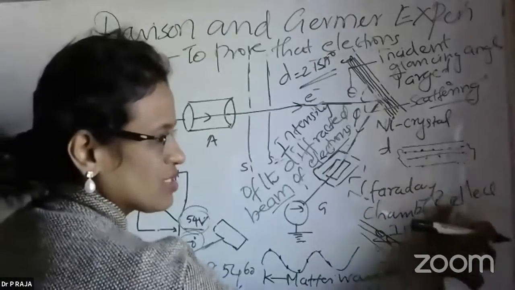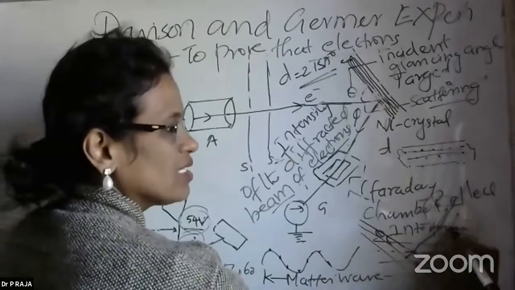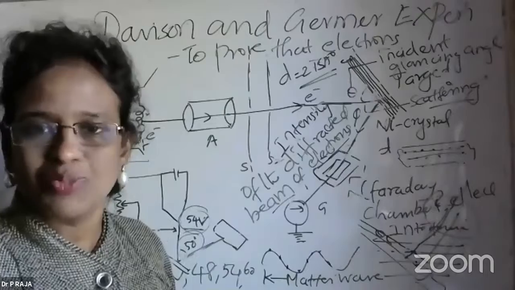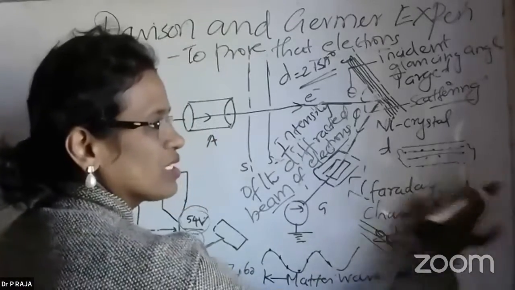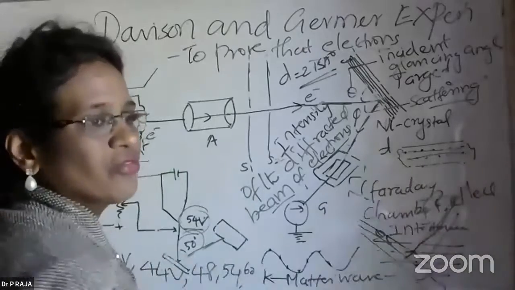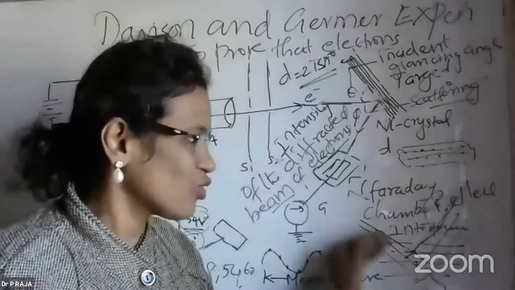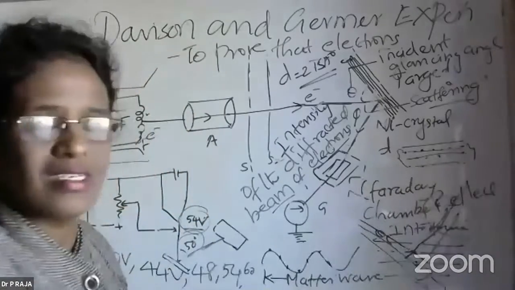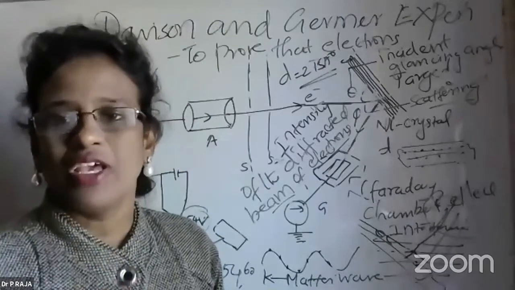And if you draw a perpendicular on both sides, up to this the path difference of this set of waves is equal. And if the path difference is equal, then you will get a bright beam. Interference takes place, isn't it? Here you will find that interference takes place and you will get a bright beam. So up to here the electron is falling as a particle, and after here you get a beam, that means they are in wave form.